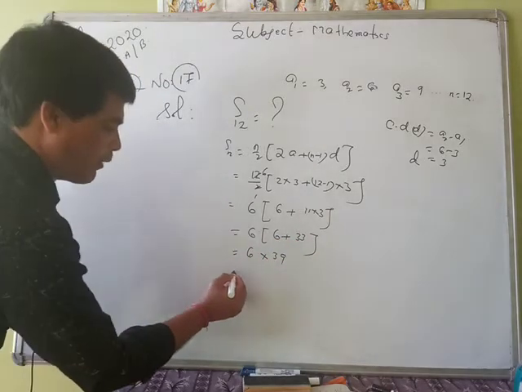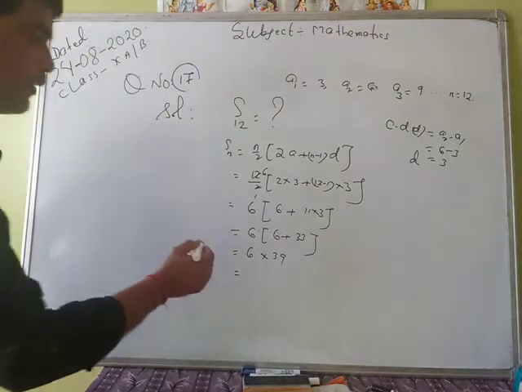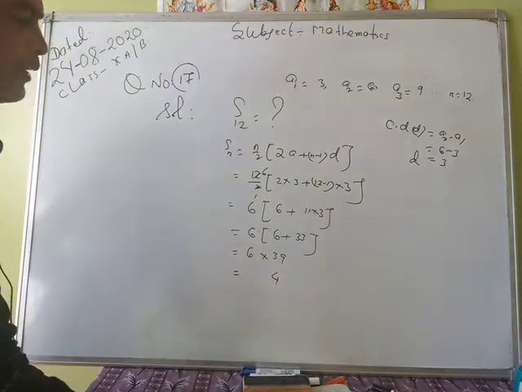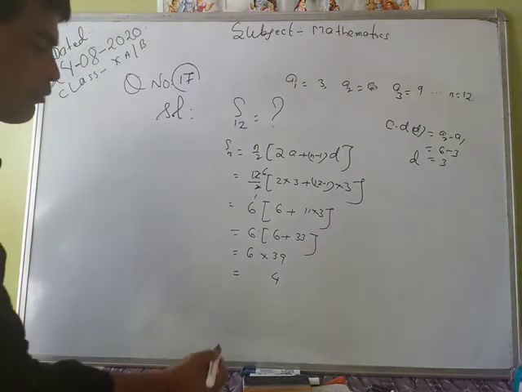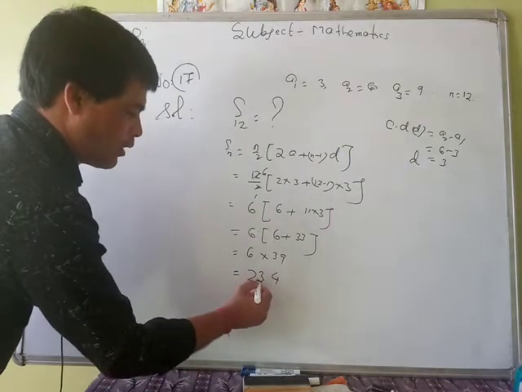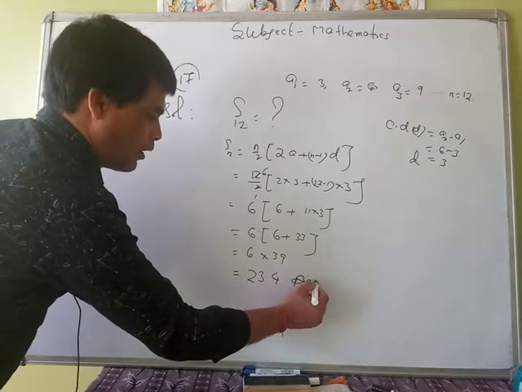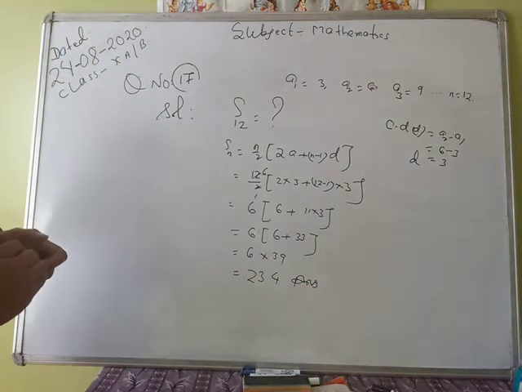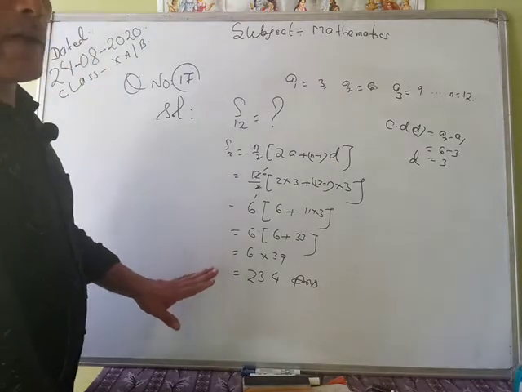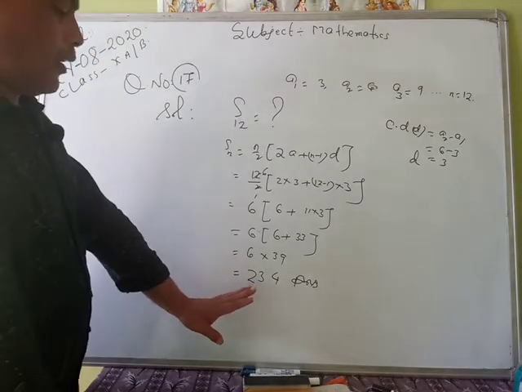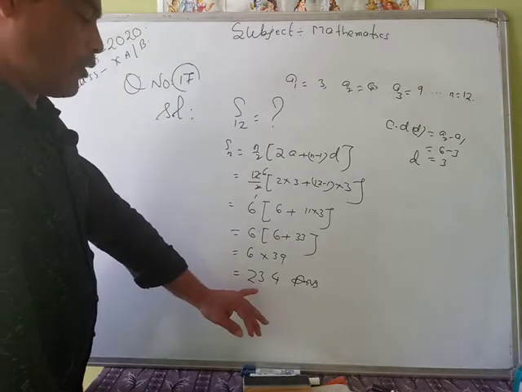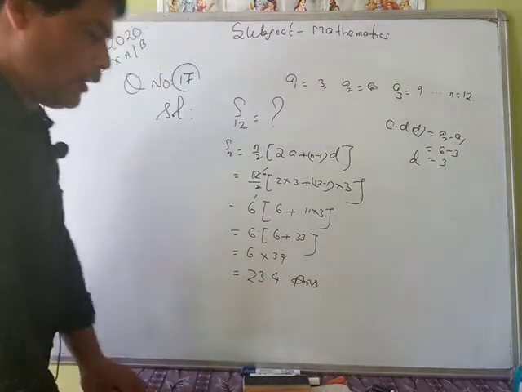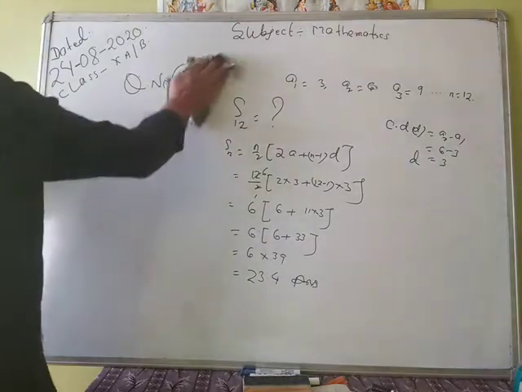Then multiply 6 9s are 54, carry 5, 6 3s are 18, 18 plus 5 is 23. That means 234 indicates how many total plants will be planted in the surroundings of your school, that is 234.